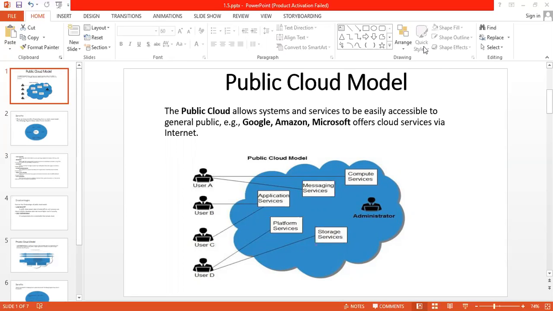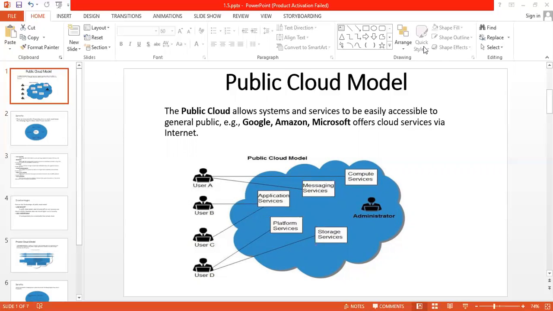We have drives in our Gmail accounts, and on that drive we can save data, it ranges from 15 GB to 25 GB. If you want more storage on cloud from Gmail, that means Google, then you have to pay for that. For free of cost, you will be getting 15 GB of storage.